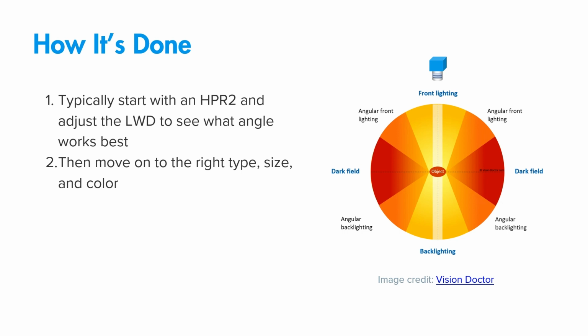Some people prefer to use a ring light and then a specific low angle ring light. It's definitely optional, or some people will use a bar light and just move the bar light up and down. But really the goal is just to find out which direction of light is producing the best image. And then once you know that information, we move on to finding the right form factor, the right color, and the right size of whatever form factor works best.